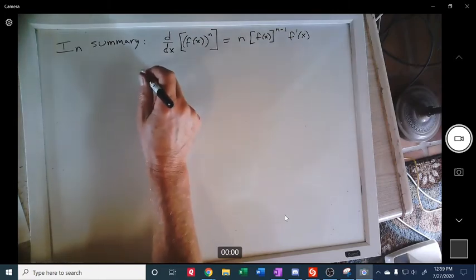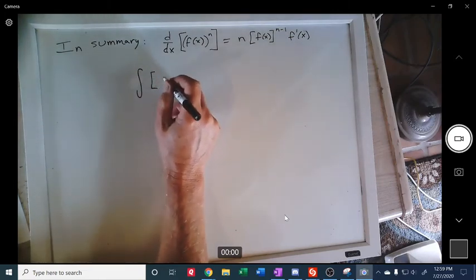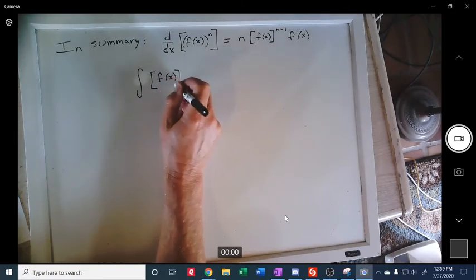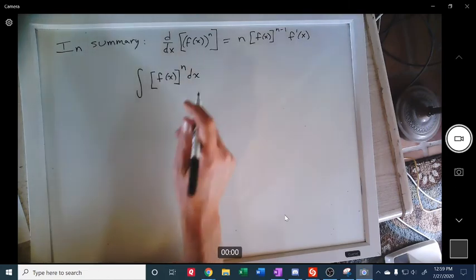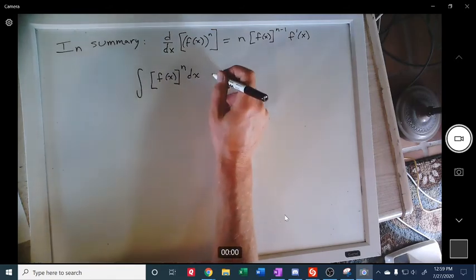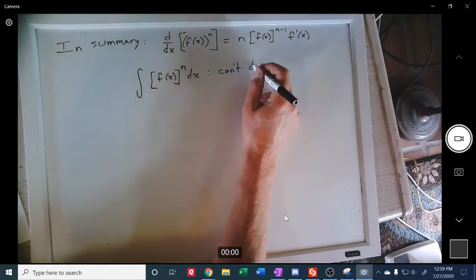Furthermore, if I have the integral of a function of x to the nth dx, we can't do it.